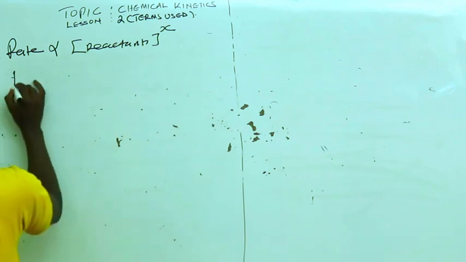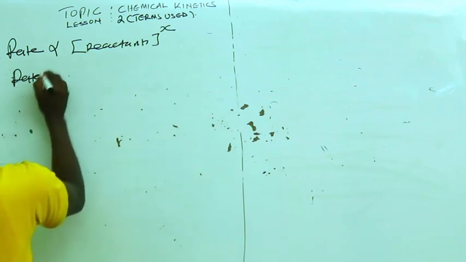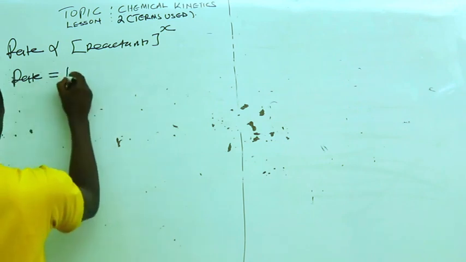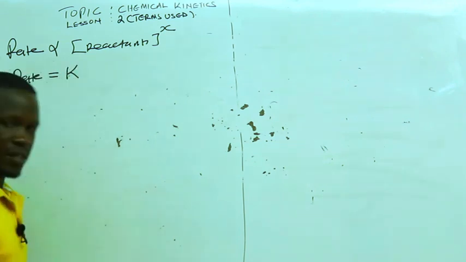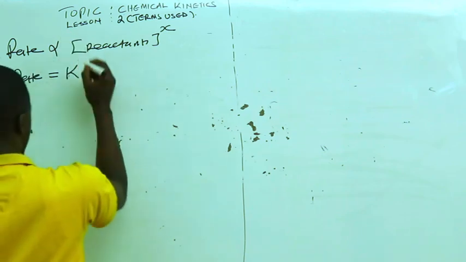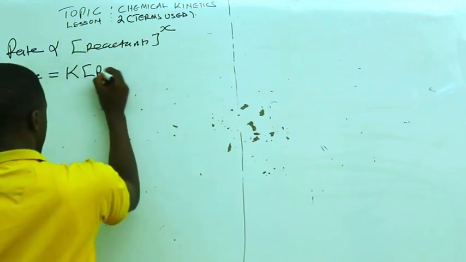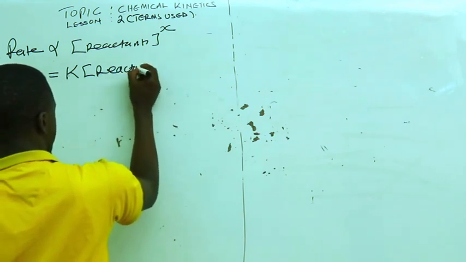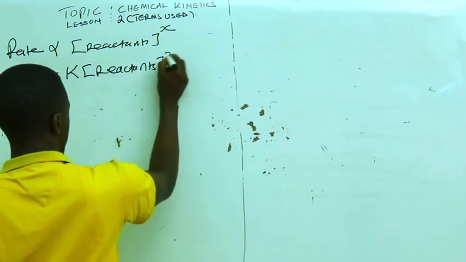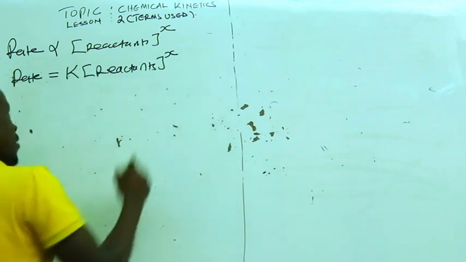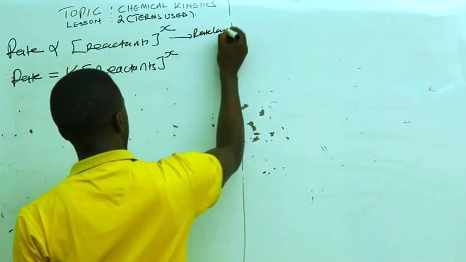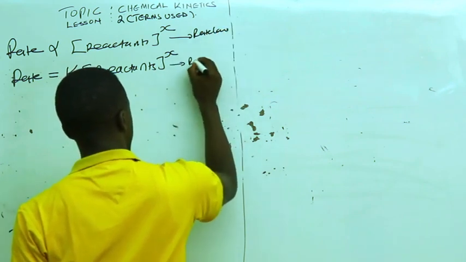And we said when we remove the proportionality sign, then rate becomes equal to a constant of proportionality times the concentration of the reactants, each raised to power x. Where this one is the rate law, this one is described as the rate equation.